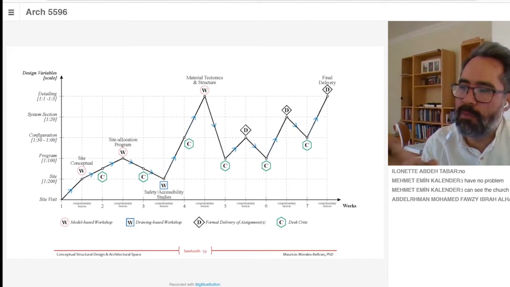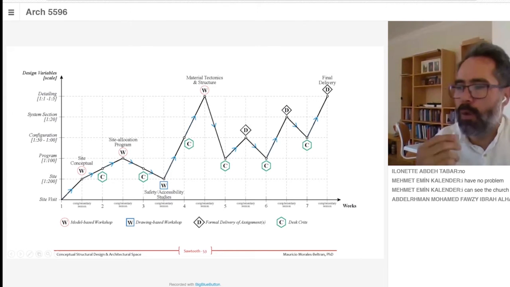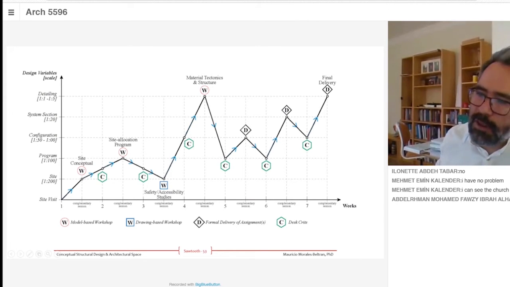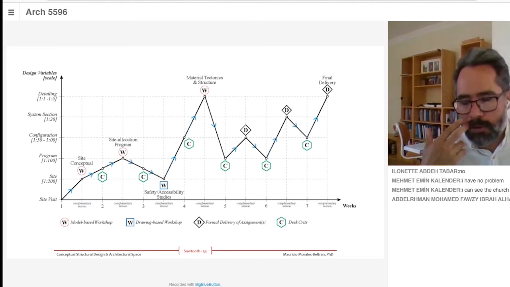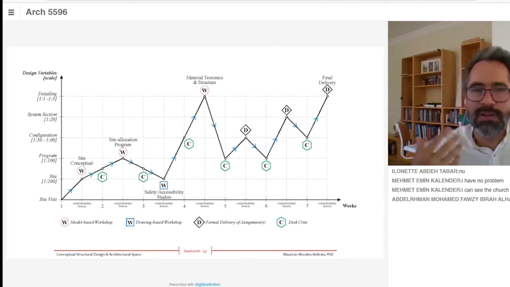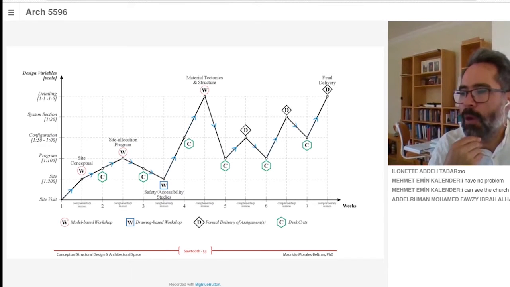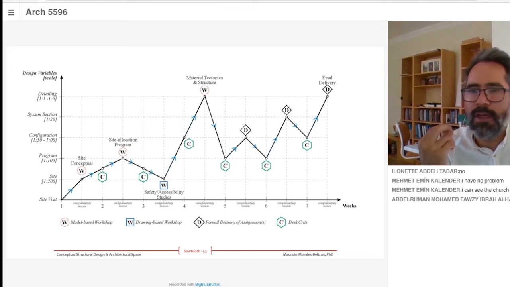This is the most different from the other three. We introduced the desk critics right after the workshop. That was the first change. And we realized, and this was a complaint, because by the way, we were making surveys and talking with the students after the studios to understand how they perceive this, that one of the main critiques we received is that they felt there was no time to think, because this was a machine.